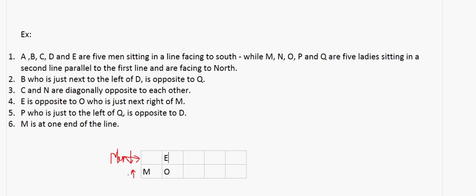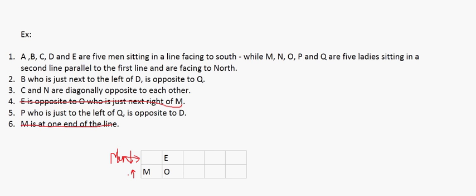Now let's read the statements again, right? The first statement says B, who is just next to the left of D, is opposite Q. Still we cannot make anything out of it. E is opposite O, so we have used, let's cut the statements which we have used. We have used this statement, so let's strike this off. We have used the last statement as well, right? So we are left with 3 statements to determine the pattern.